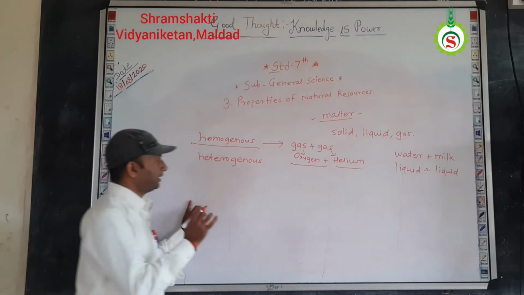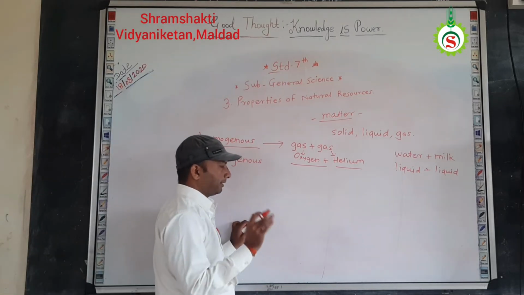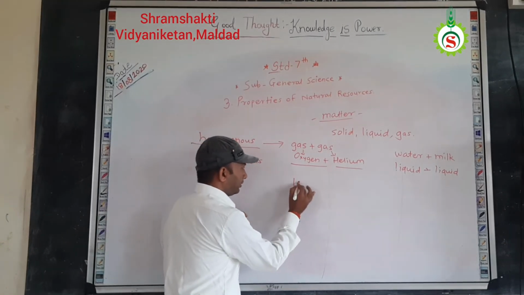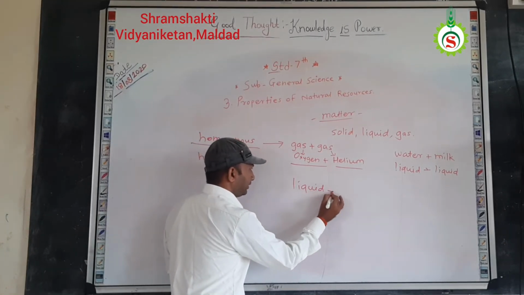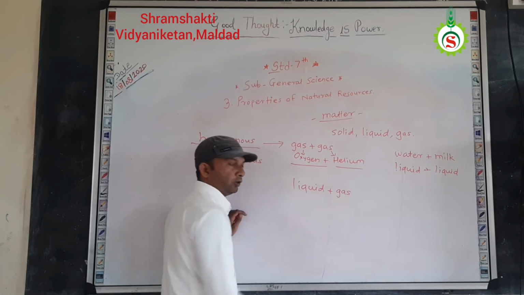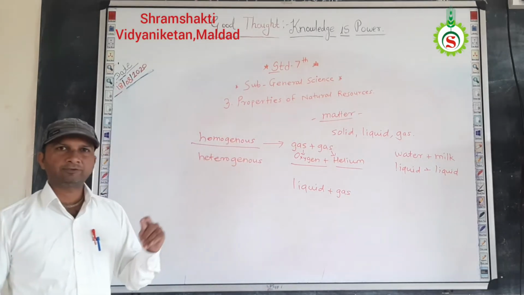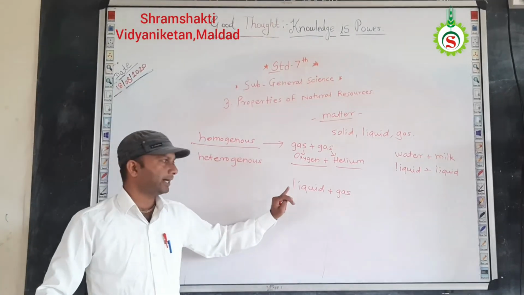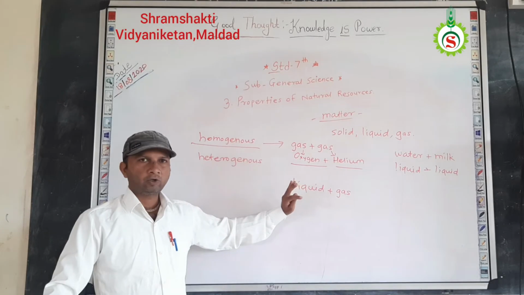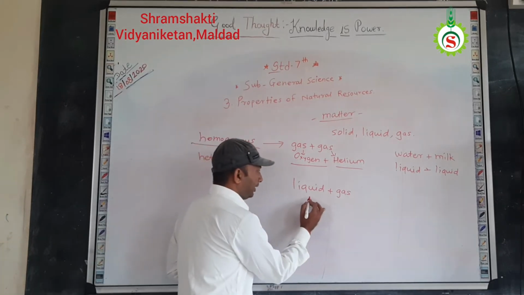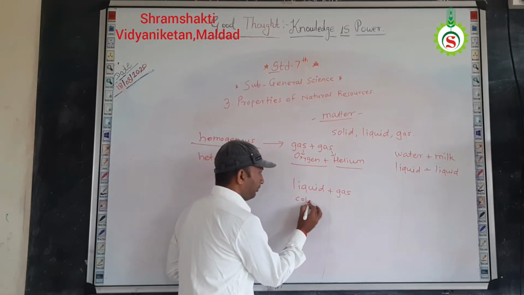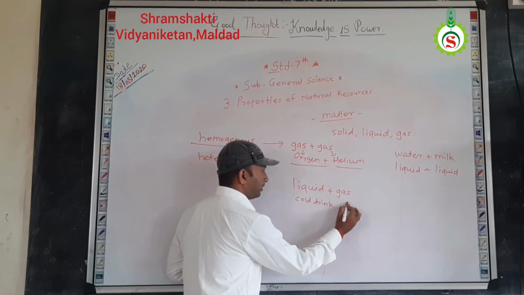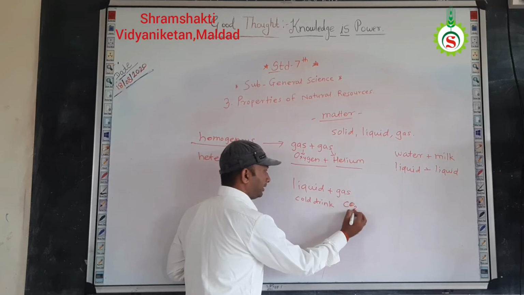For example, in cold drinks there is liquid plus gaseous form. You have seen the effervescence at the top of the bottle because two different states of matter are present in the cold drink. The cold drink is in liquid form, but it also consists of carbon dioxide inside it.